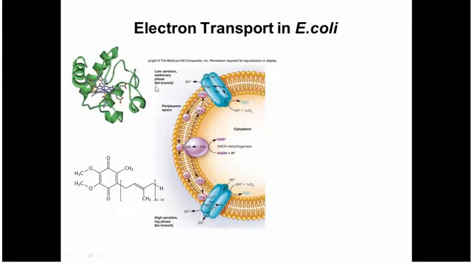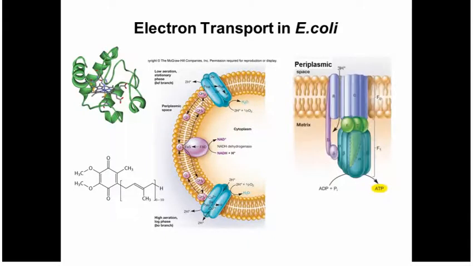So each of these little symbols here, B558, B595, D, these are different cytochromes, and the electrons are being transferred from one to another. That's why iron is so essential for bacteria. Not just in this process, but in a lot of processes where you have electron transport, a lot of redox reactions.